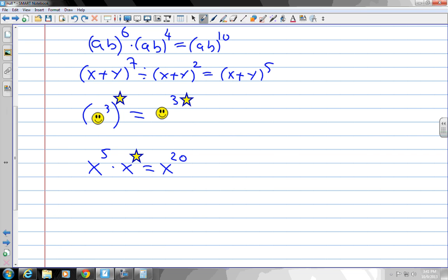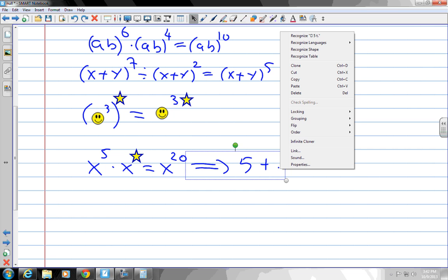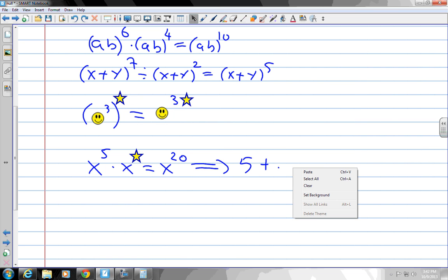Because you know we're going to be adding exponents. So you're actually building an equation. You're coming up with an equation that says 5 plus the star equals 20.